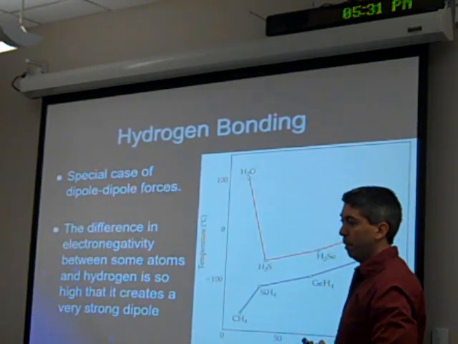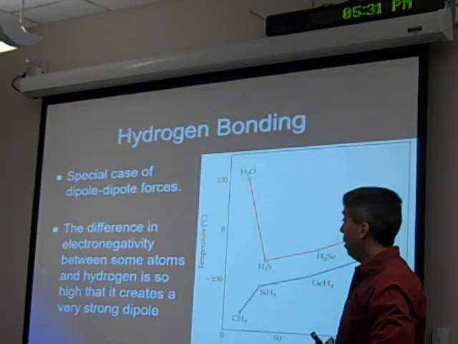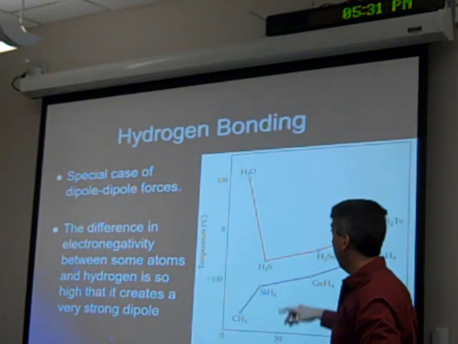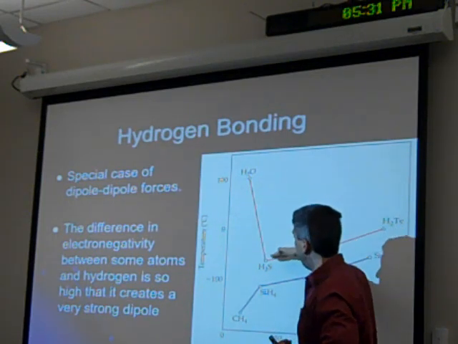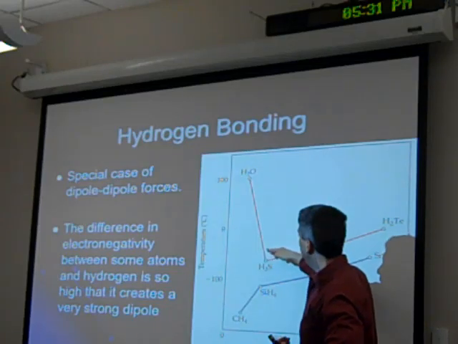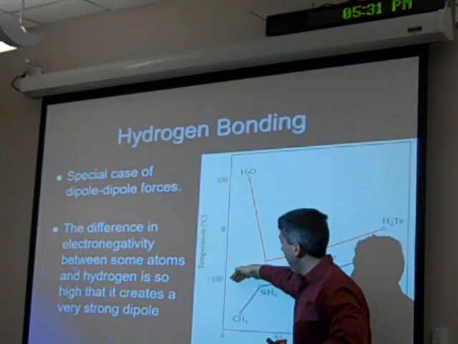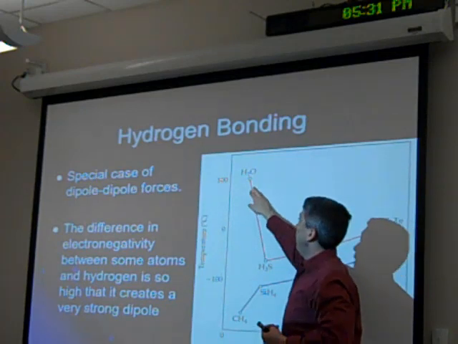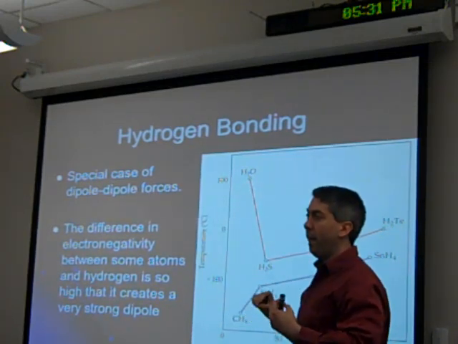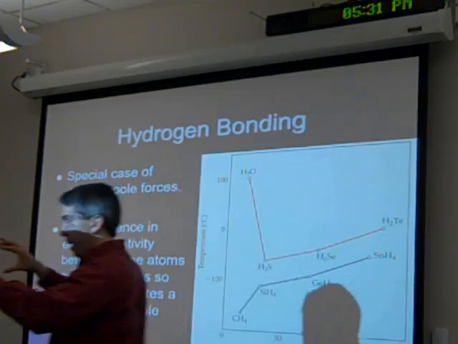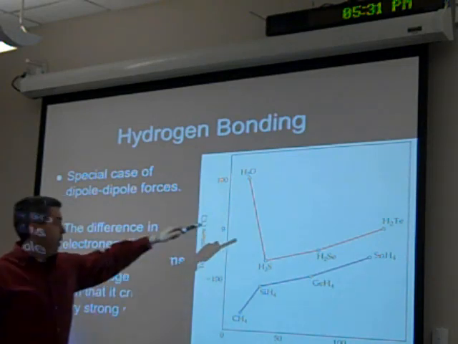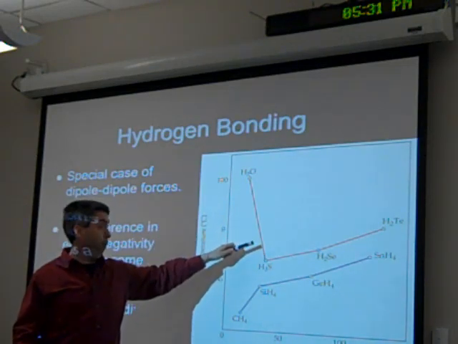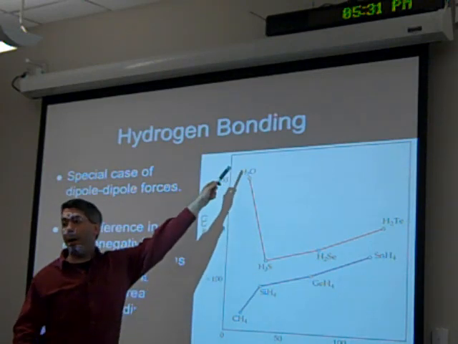Are all of those examples of hydrogen bonding? No, none of them are. Except for water. And that's where you notice this very strange aberration. Normally you would have expected it to go down like this one, but because of hydrogen bonding, because of that unique character of being able to form that kind of partial bond, because of the extreme electronegativity of oxygen, you notice that the actual intermolecular forces for water skyrocket.